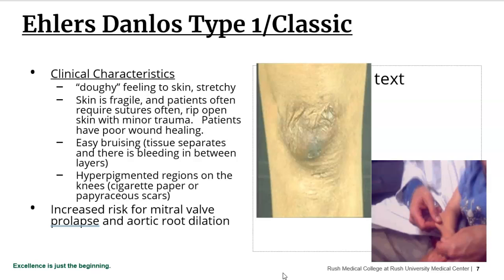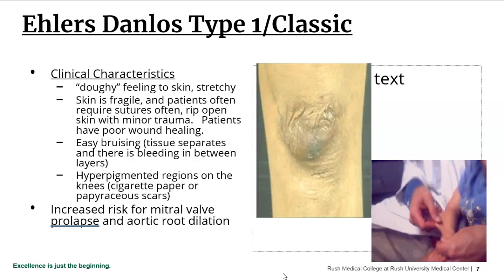The skin is also fragile, and patients often require sutures even with minor trauma. Often little kids have to wear helmets and chin cups under their chin. They have a fall and rip it open, so they need stitches all the time, even with minor trauma.